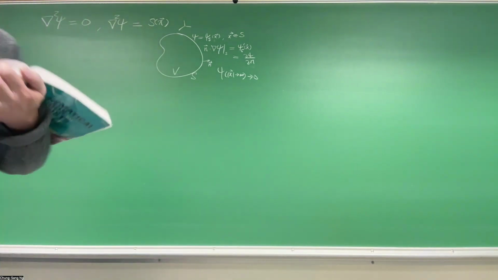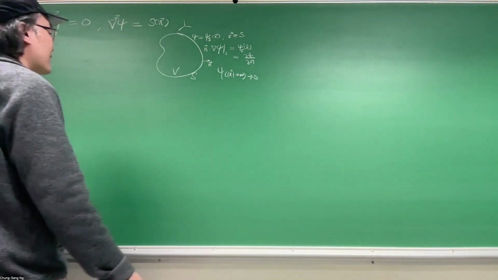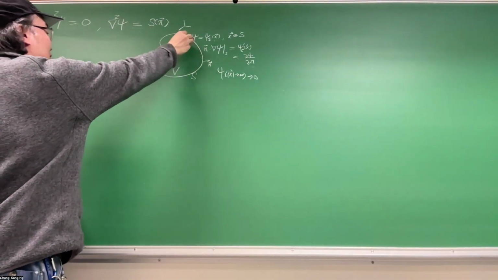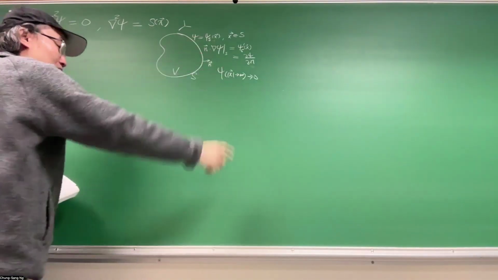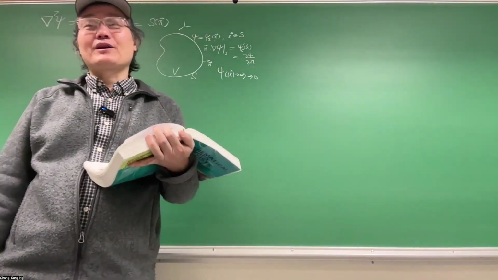Sometimes, in some cases, you can use Dirichlet on part of the surface and Neumann on the other part. That is also possible, that kind of mix.